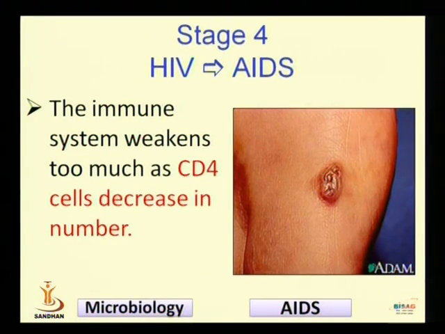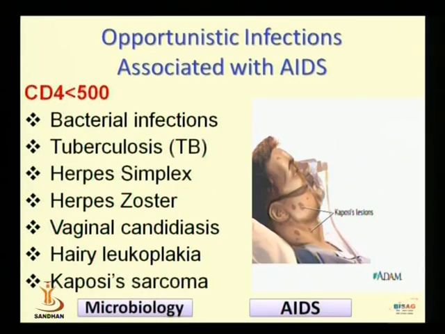And in this transition, the person acquires a condition which is known as AIDS, acquired immunodeficiency syndrome. The immune system has weakened so much that CD4 cells decrease in number. And as the CD4 cells decrease in number, various opportunistic infections are associated with that particular host.